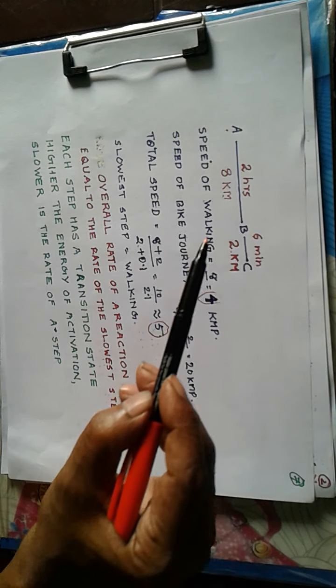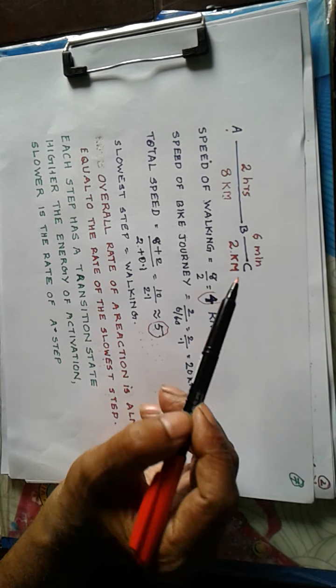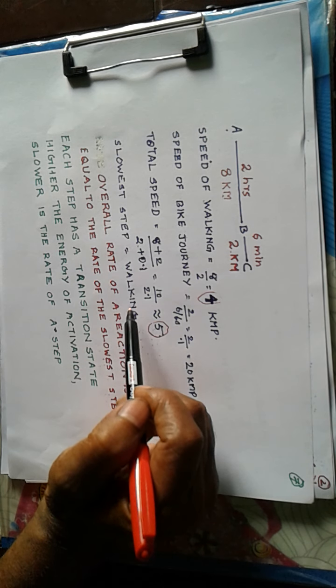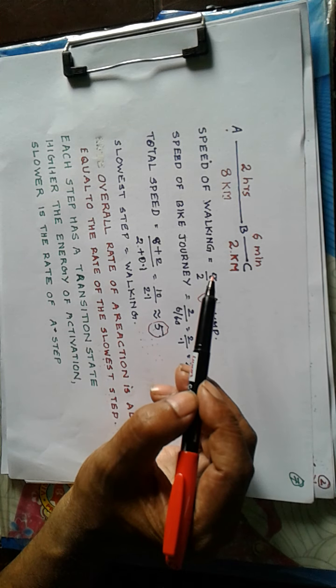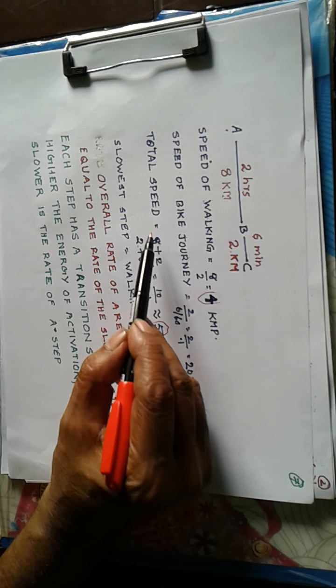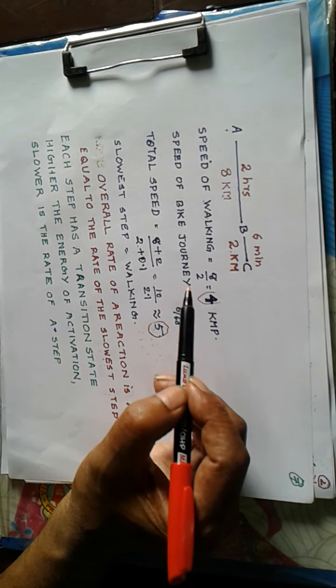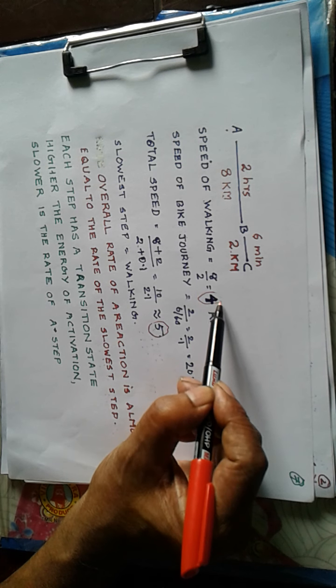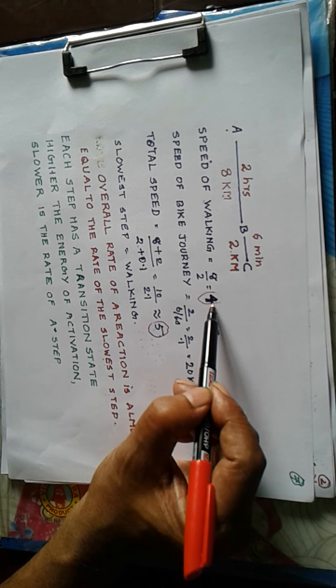Here we have discussed a two-step journey, where the slowest step is walking, and so the total speed of the journey is nearly equal to the speed of the slowest step.